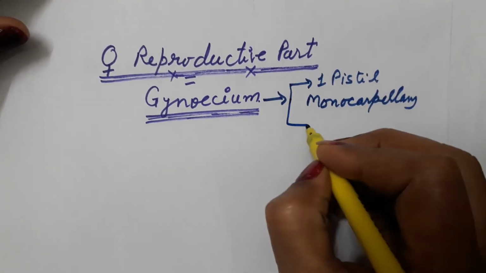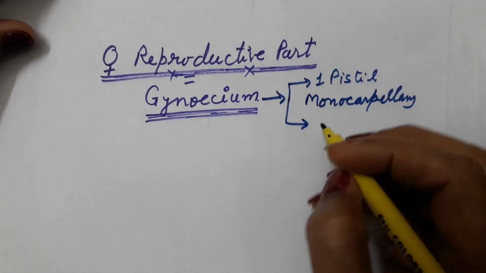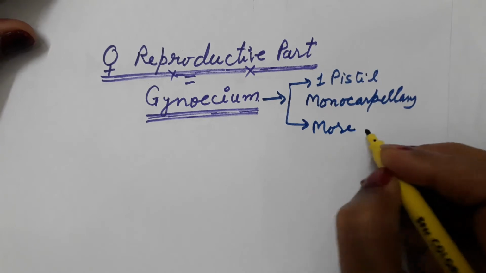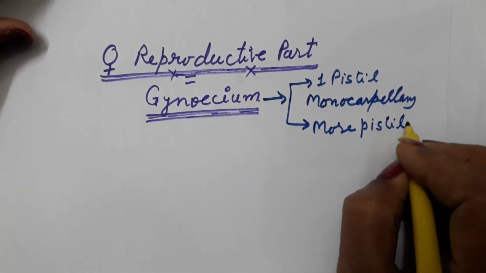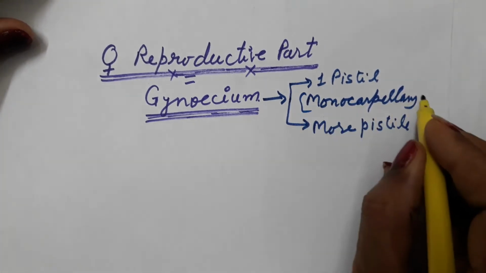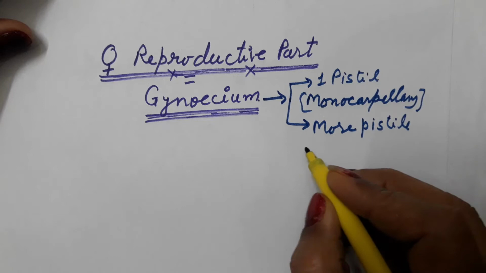If the number of pistils is more, or more carpels are present, then we call this the multicarpillary condition.